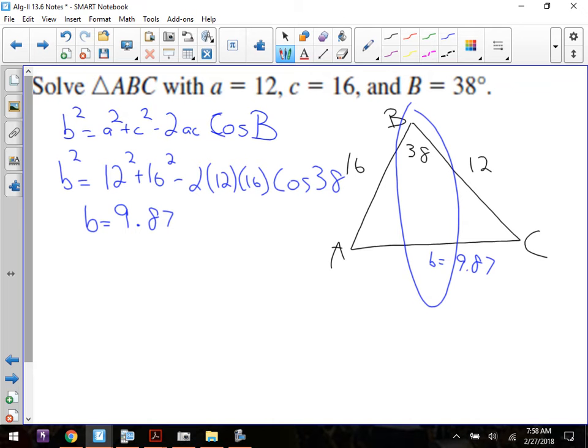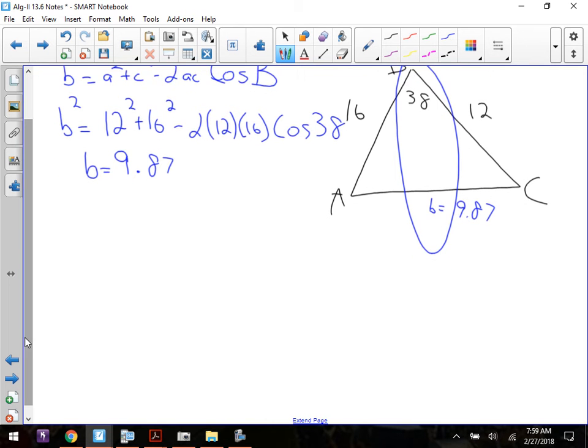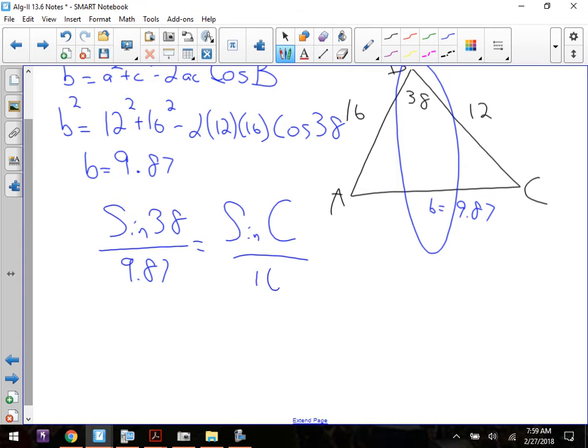Now the next step is to find the larger of the other two angles. Always go to the larger of the two angles next. Which angle should I find? Right, I have an angle and its opposite side, so now I use law of sines to get angle C. The sine of 38 is to 9.87 as the sine of C is to 16.